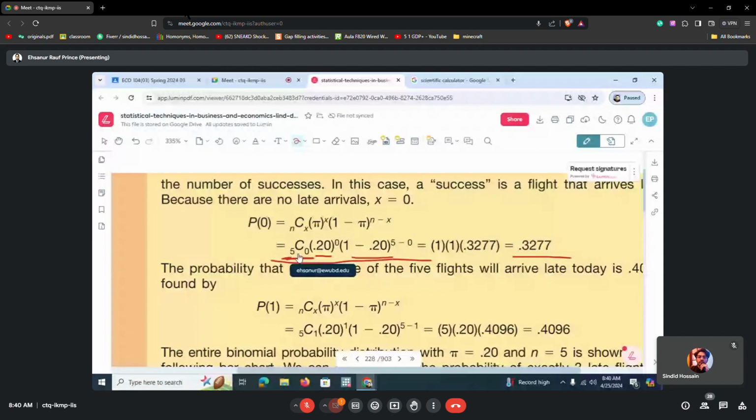So এই পার্টটা ফার্স্টে ক্যালকুলেট করে, then go to the next part, and the answer should be 0.3277.